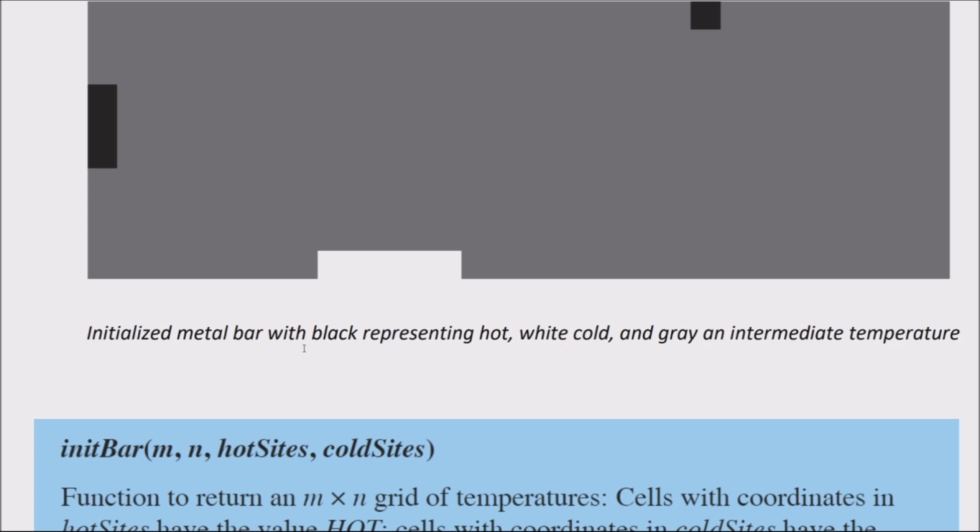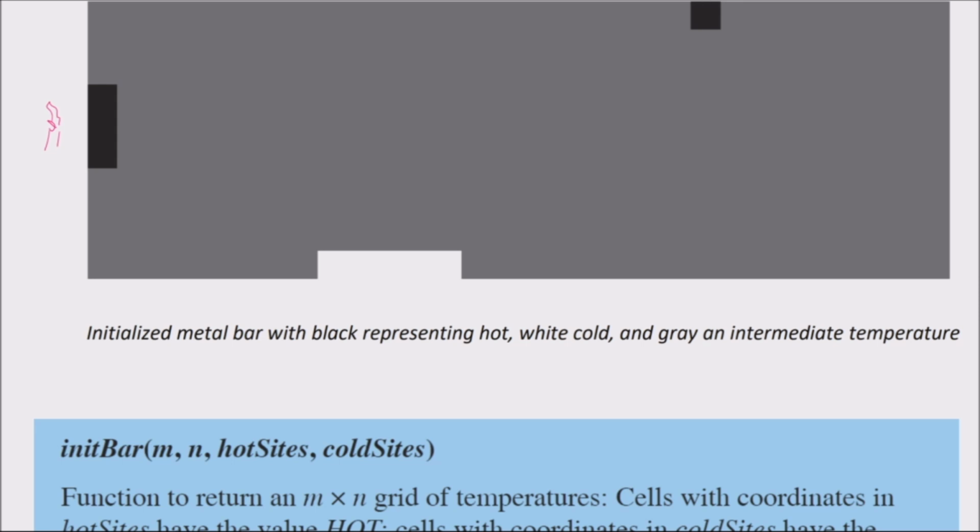We represent black, right? These things right here are hot, and then this one is cold. What does this mean? Well, we're going to heat up some cells, right? So these are the cells we're going to heat up, right? So how are we going to heat it up? Well, if you want, you can set up a candle or something like that, and then burn it there.